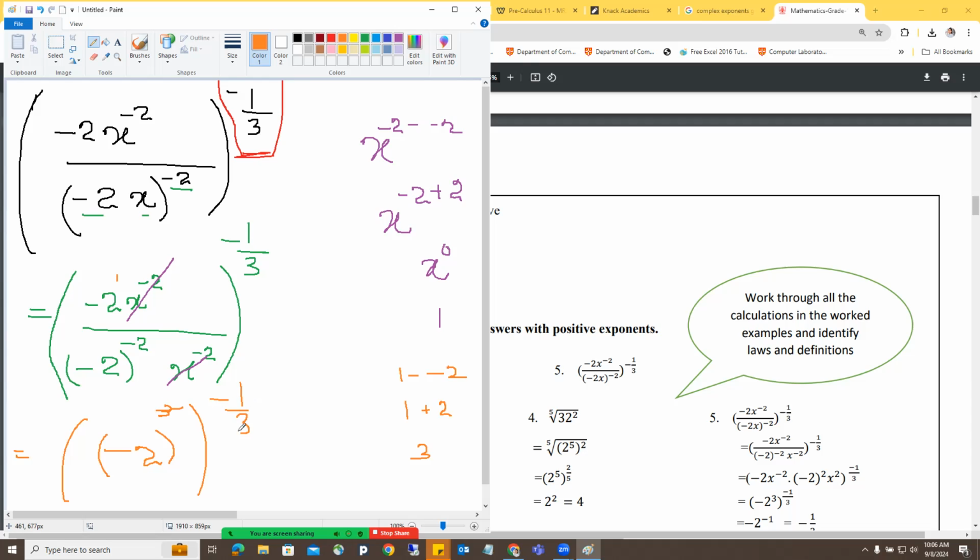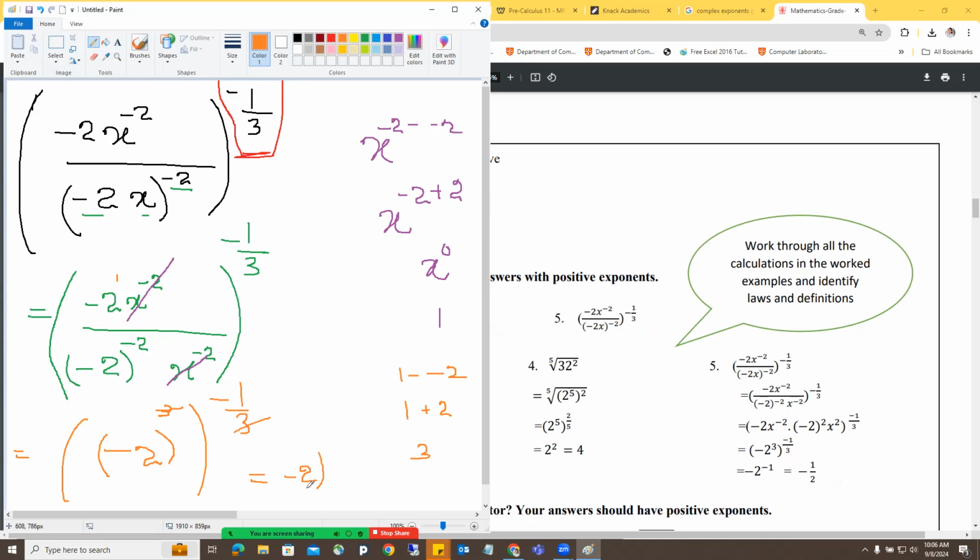So we can cut these threes, no? Then we have only minus 1. That means the final answer is minus 2 with the power minus 1, that means the final answer is 1 over minus 2. Is it clear?